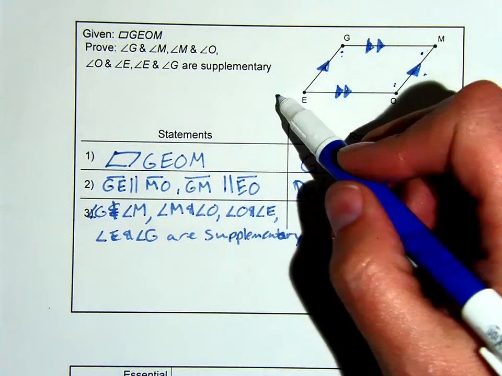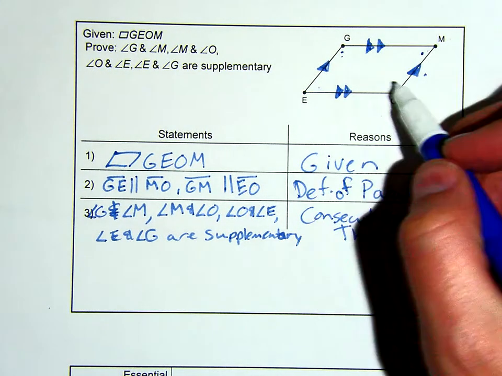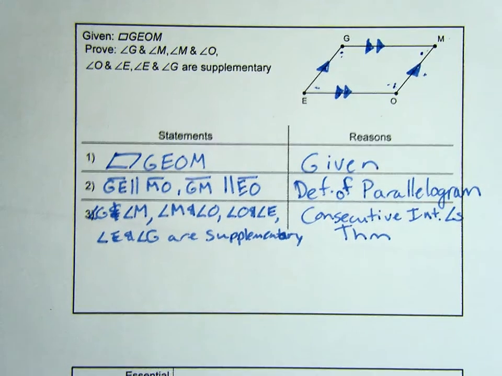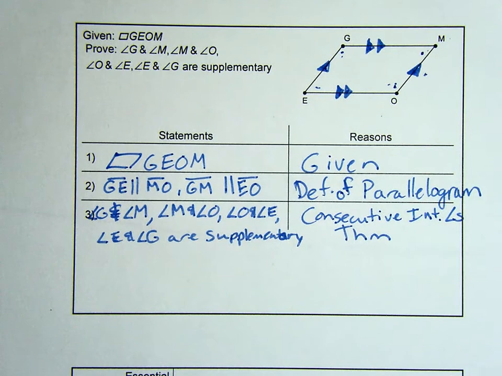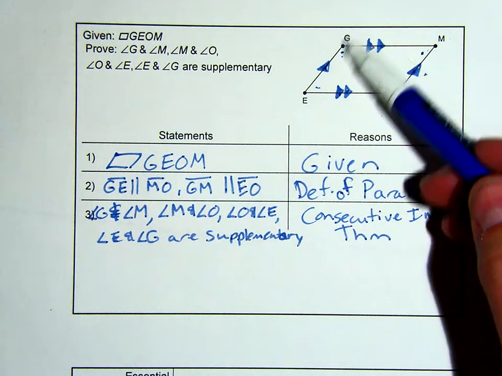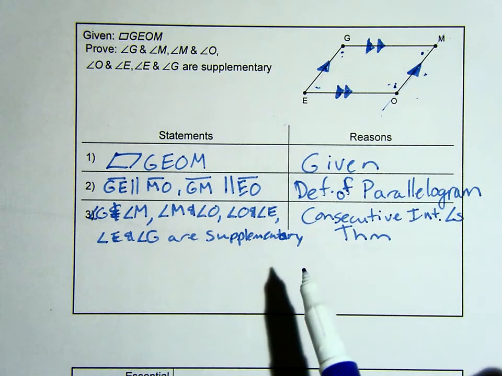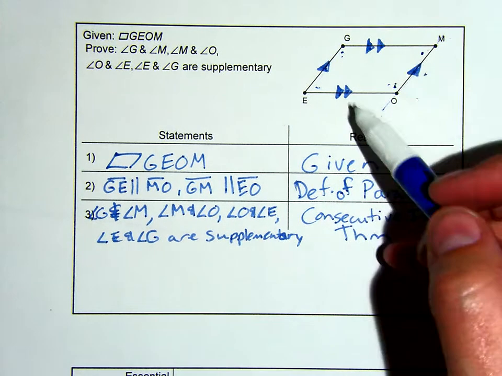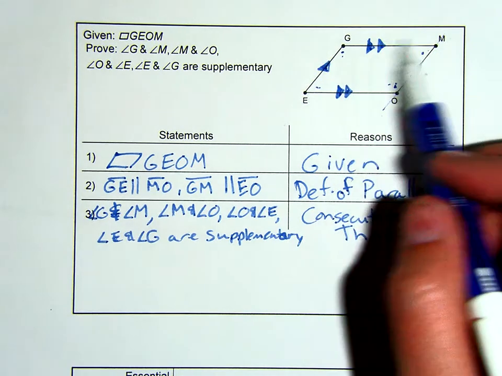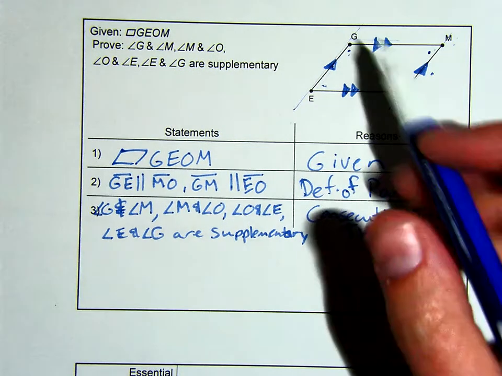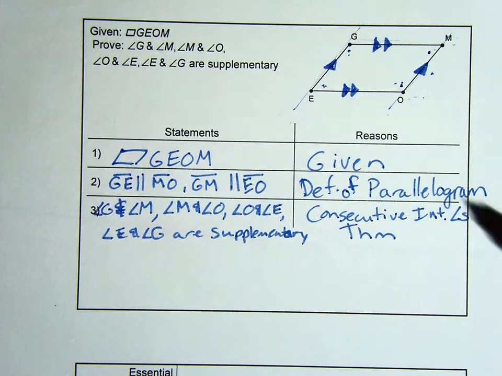So angle O and angle E are also supplementary by that theorem. GE and MO are parallel with EO acting as the transversal. Oh, I already did that set, sorry. GM and EO are parallel with GE acting as the transversal. So angle E and angle G are consecutive interior angles, and by the consecutive interior angles theorem, they are supplementary.